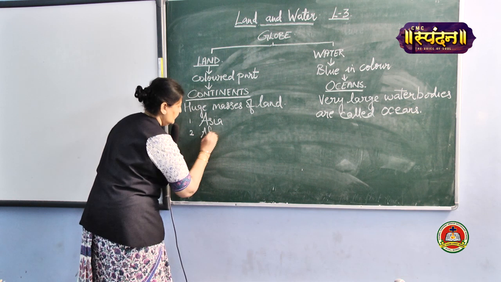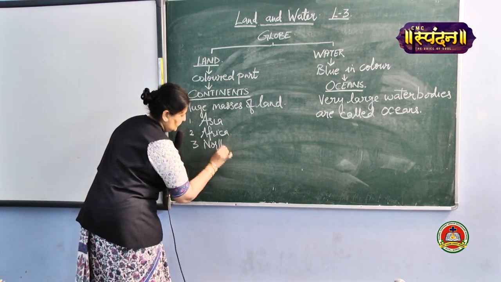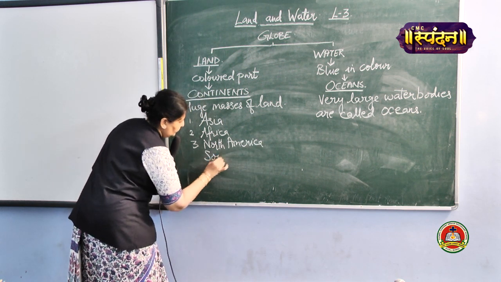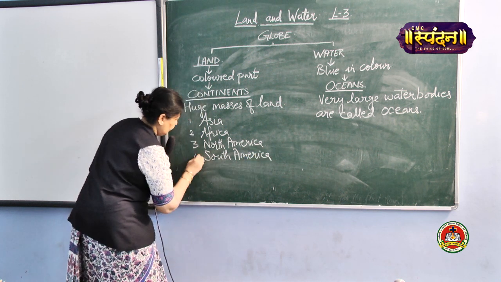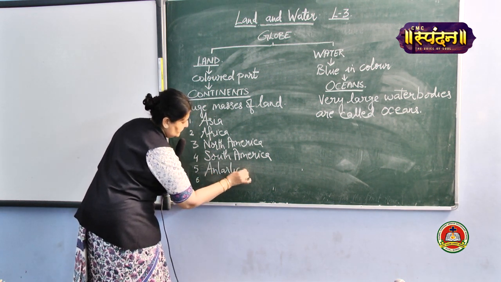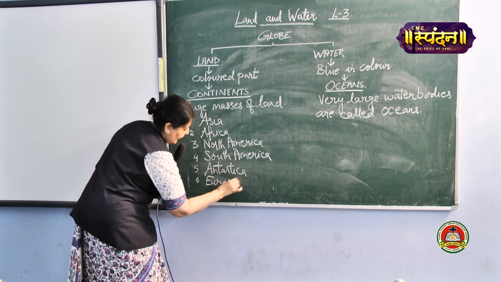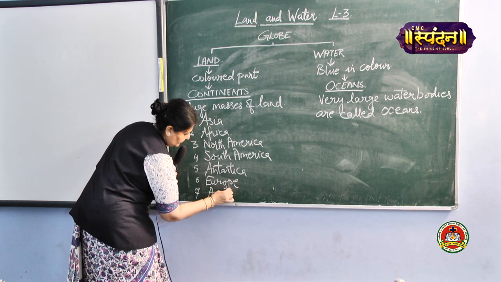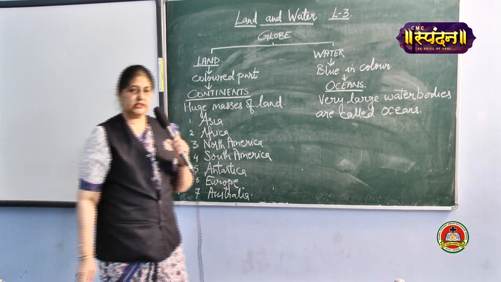Then Africa, North America, South America, Antarctica, Europe and Australia. Correct? These are the 7 continents, from biggest to the smallest.